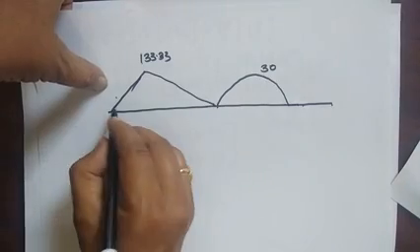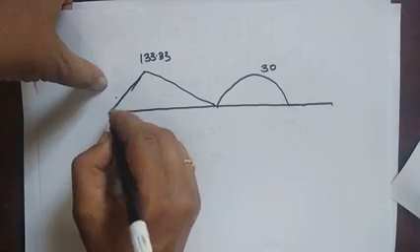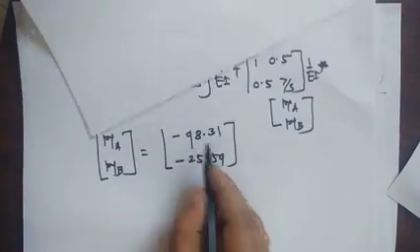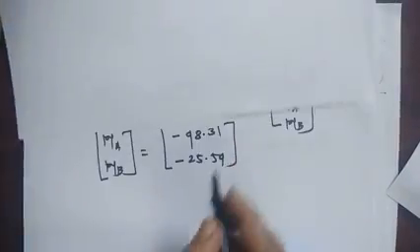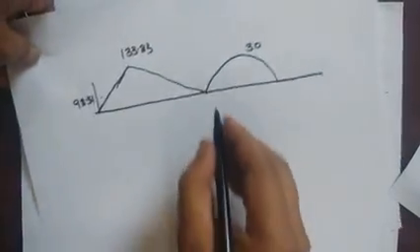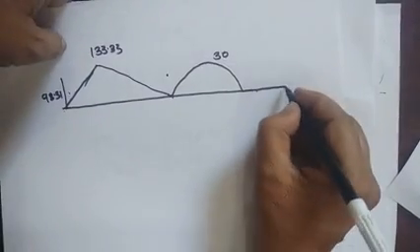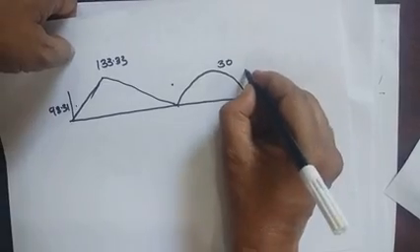Now here we have to apply the opposite direction, so that produces the hogging bending moment, that is 98.31, and here is minus again hogging bending moment, so 25, and here we know this is 0 and this is 30.